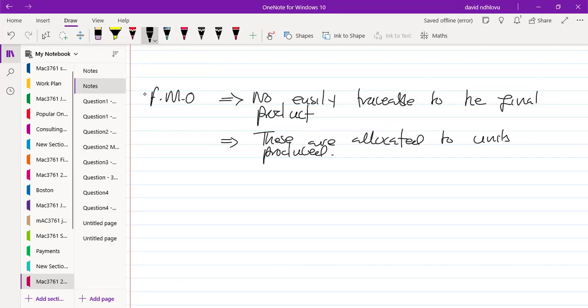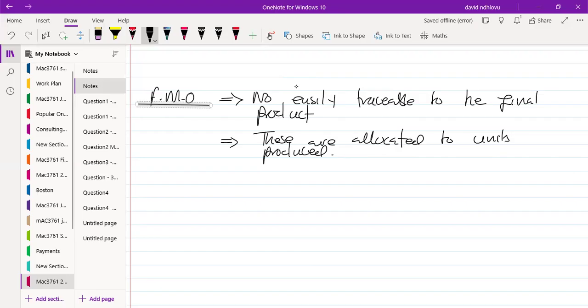For example, when you deal with direct material, a company does not just buy any material anyhow and stockpile it. Normally, they will first determine the products that they want to produce, estimate the demand in the market, and then go and buy the material required to satisfy their production need. So when you buy material, it is specific to a particular product.